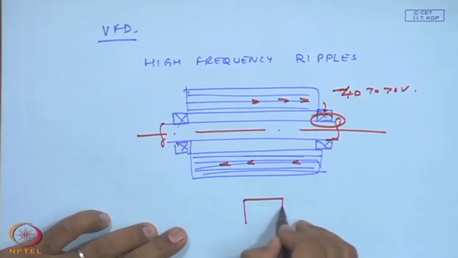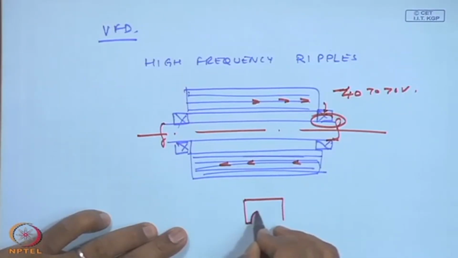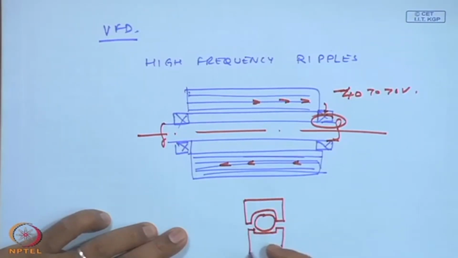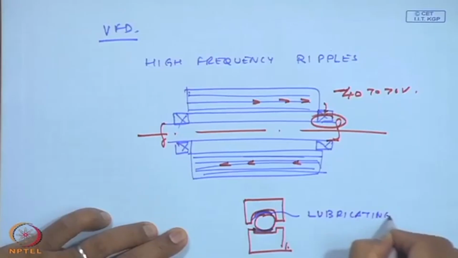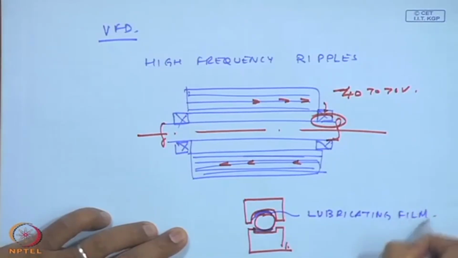If you will see, there will be a dielectric film, which is actually an insulator.